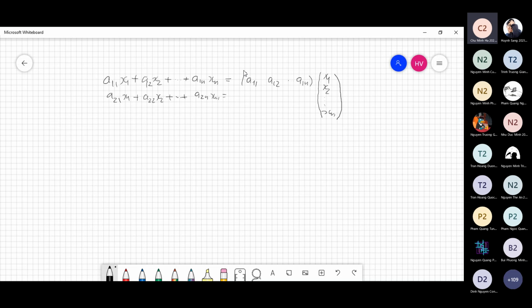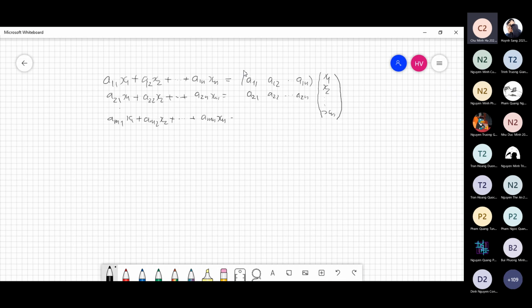Again you have the second row a21, a22, and so on until a2n, and then multiply with the same column vector here, you obtain this part. And so on until the last equation, the left hand side of the last equation, am1 x1 plus am2 x sub 2 and so on until amn x sub n.